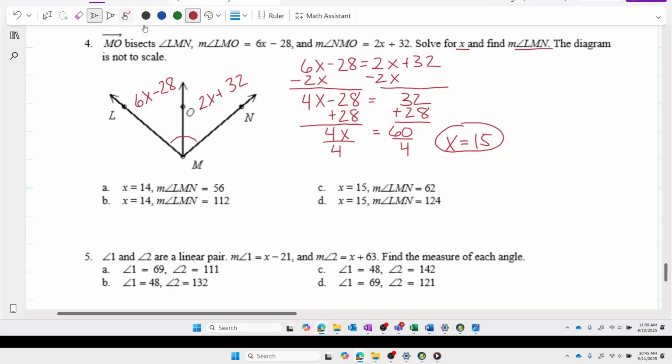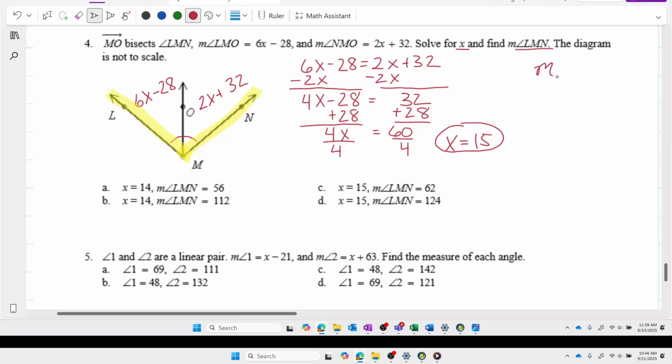All right, so look, LMN is this big angle. LMN is all of it. So I'm going to find the measure of MNO and multiply that angle by 2.